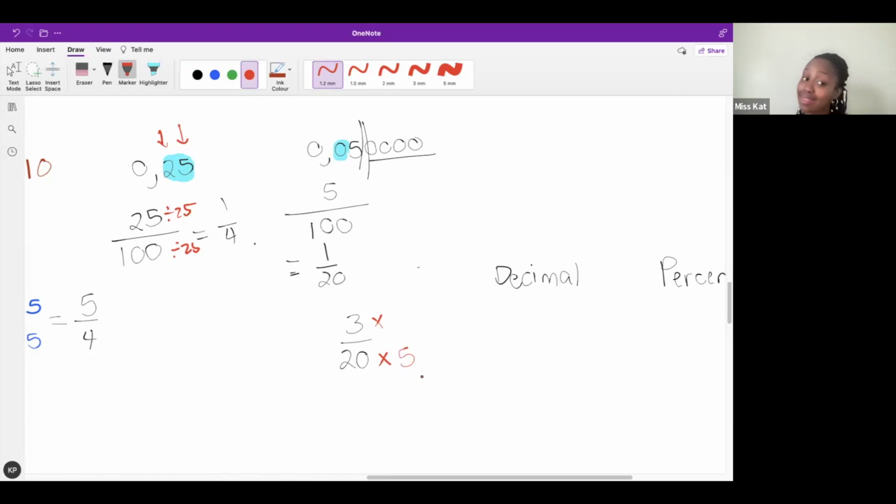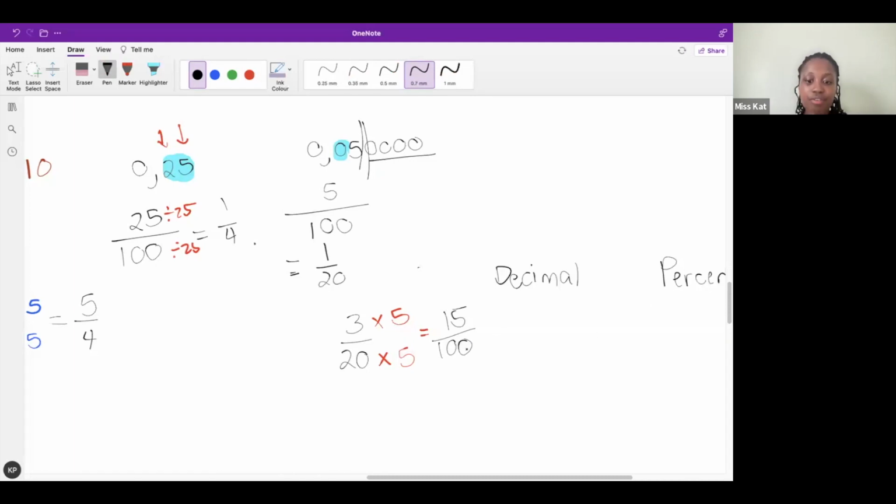But what I do at the bottom, I have to do at the top. So if I'm going to times by 5 at the bottom, I have to times by 5 at the top. So then my new fraction will be, what? We know this is over 100. 15 over 100. Now, is this not a bit easier to work with?